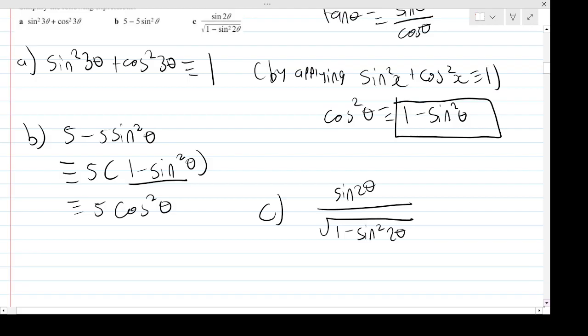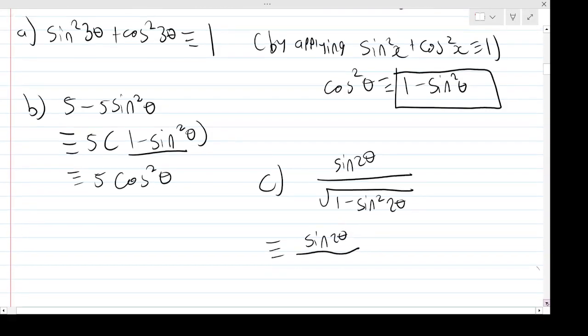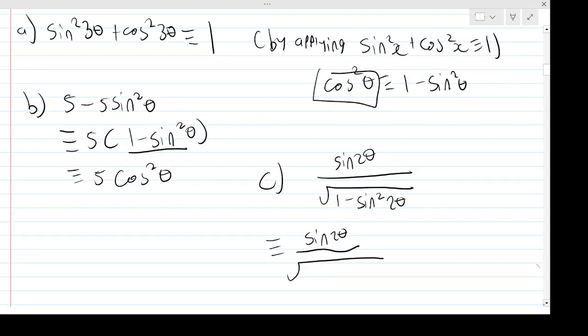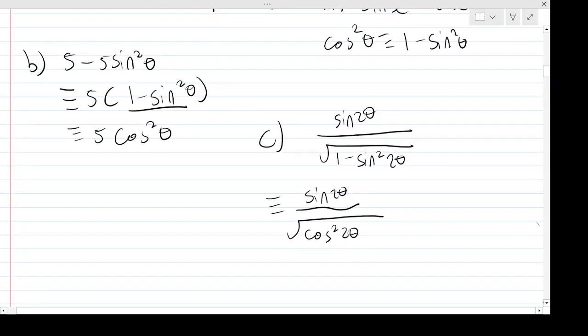So this is the same as sine 2 theta over the root of, and we know that 1 minus sine squared theta is just cos squared, so this is cos squared of 2 theta. Well, then this is a square root of a square, right? By the way, cos squared 2 theta is the same as cos 2 theta all squared.